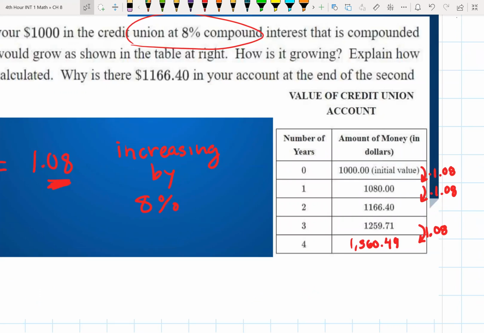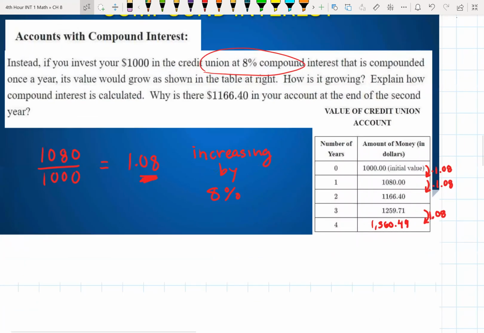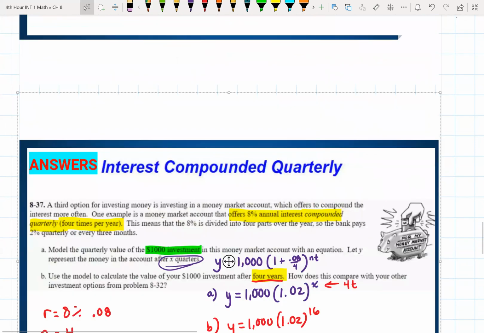So it seems like compounding quarterly is earning us more money than compounding annually, which is once a year. Earning interest on your interest and principal one time every year, or earning interest on that principal and interest 4 times a year. Which would you rather have?